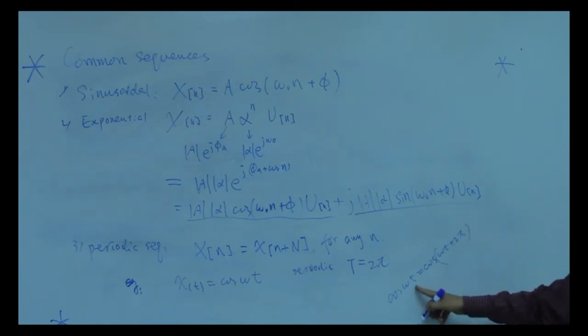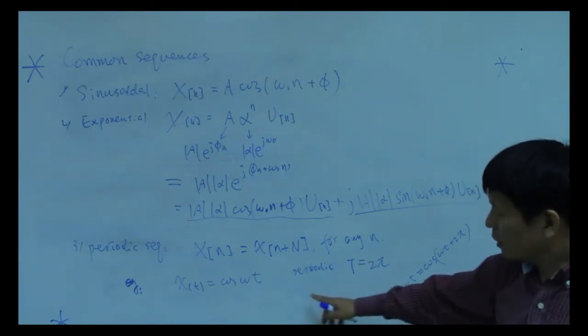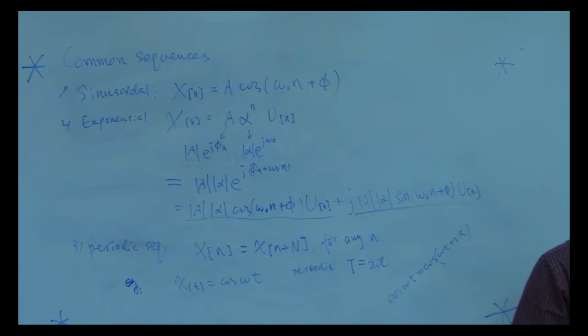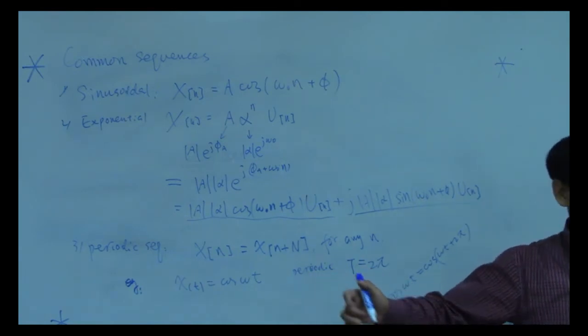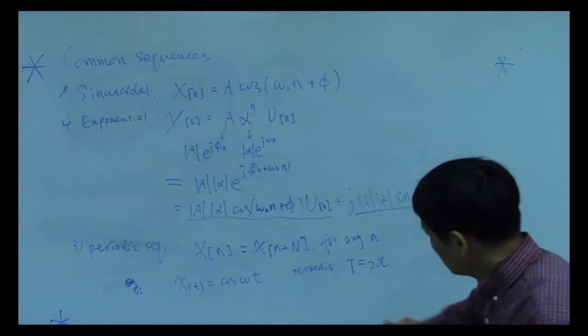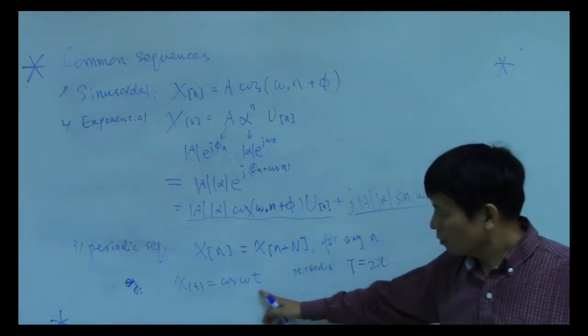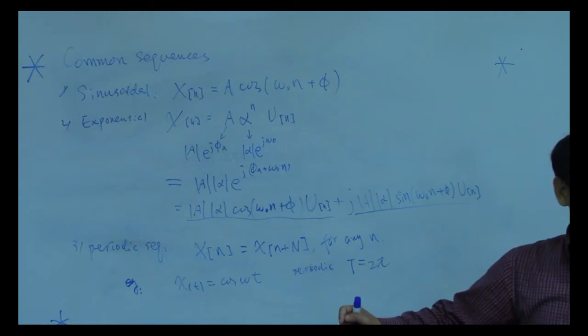No matter how you change time, this is always true because 2 pi is the period of a cosine or sine function, right? So, question: is this always periodic? Yes, no matter what frequency this omega is, it is always periodic.